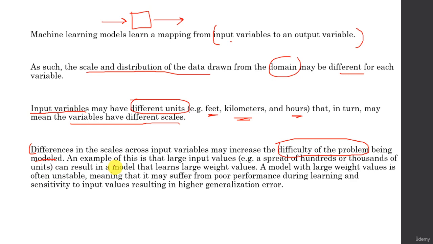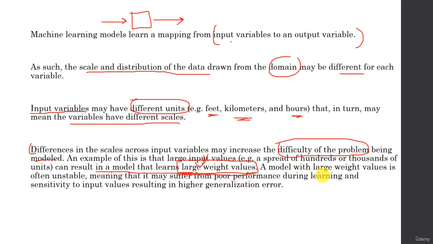An example of this is that large input values, say a spread of hundreds or thousands, can result in a model that learns large weight values. So that means, as I have already told you, our model will be biased toward large weight values.